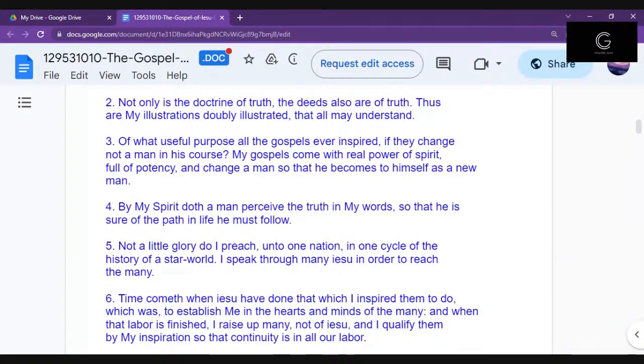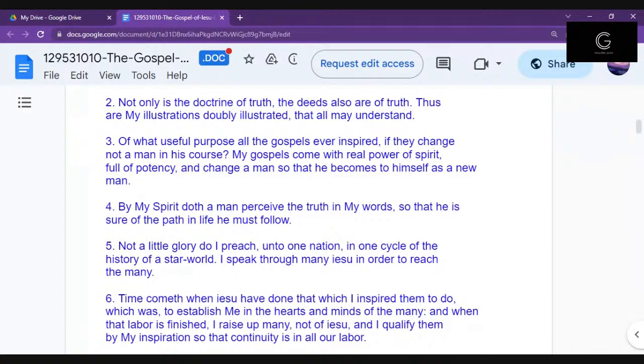By my spirit, by what I write on man's soul, doth a man perceive the truth in my words, so that he is sure of the path in life he must follow. Not a little glory do I preach unto one nation in one cycle of the history of a star world.